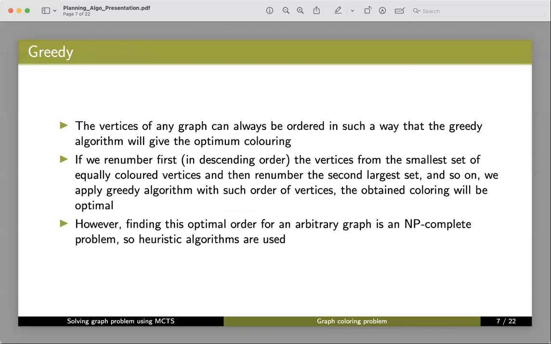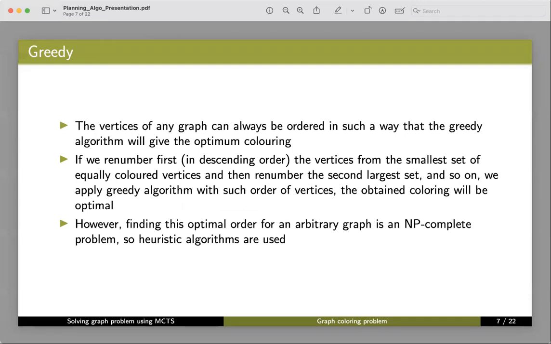So the greedy algorithms, why don't we just use the greedy algorithms? On one hand, the vertices of any graph can always be ordered in such a way that the greedy algorithm will give the optimal coloring. So we just, first of all, renumber the vertices from the largest set of equally colored vertices, and then we do the same with the second largest set and the third largest set, and so on.